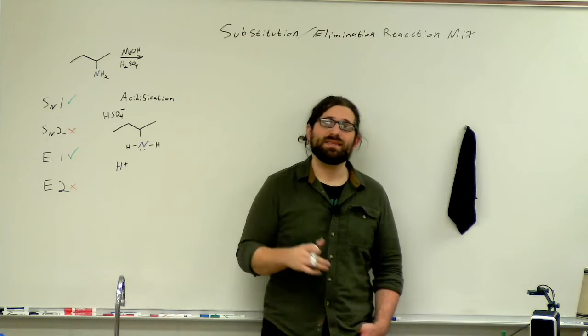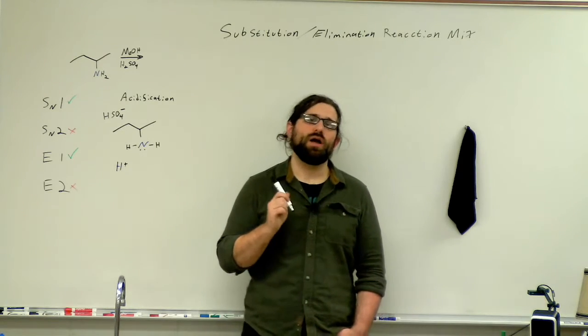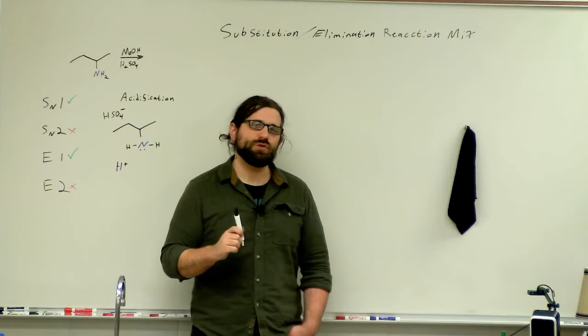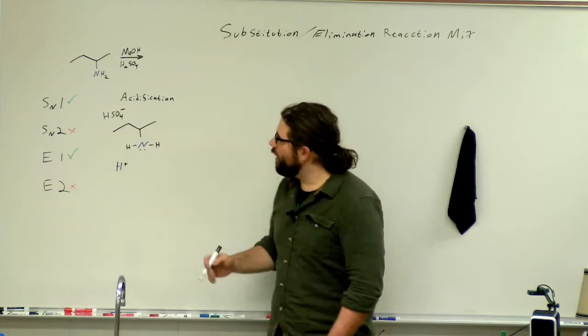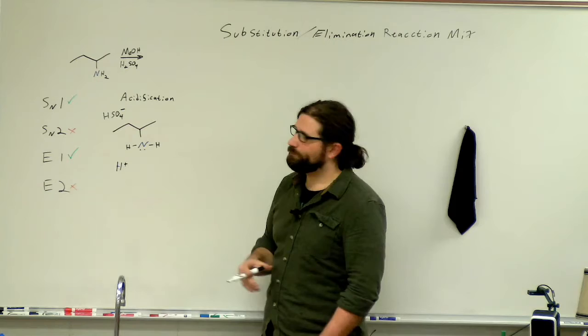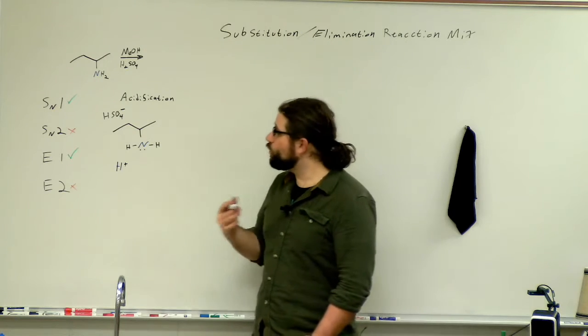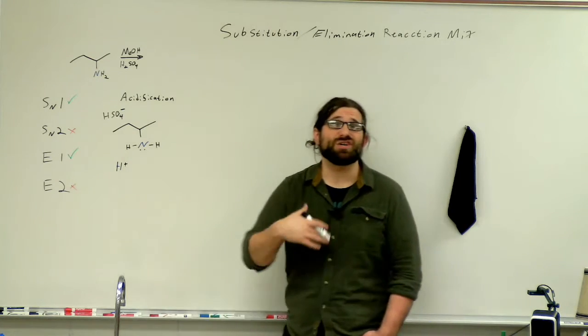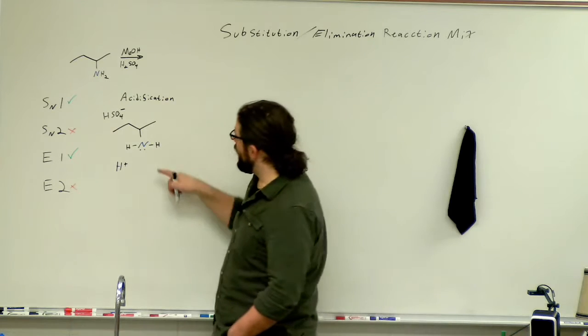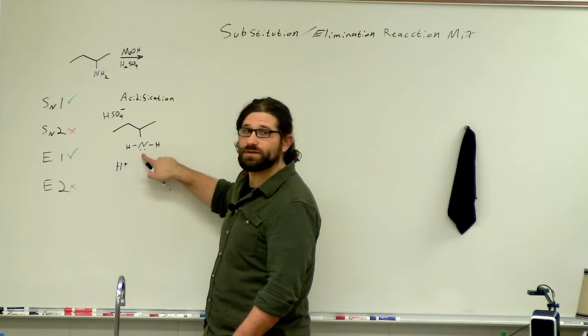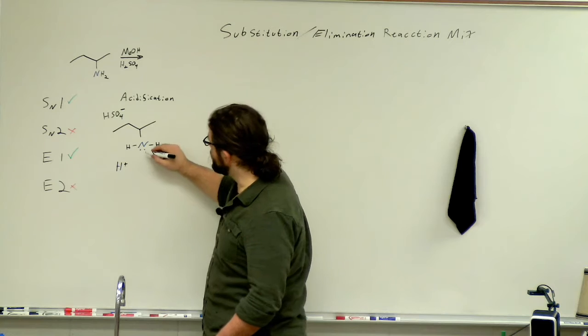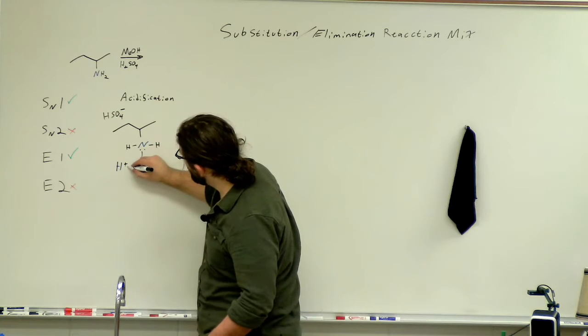So before anything can happen with our mechanisms, we first need to look at our acidification of our amine. This is going to happen quite quickly. This is what's going to allow this to be a good leaving group. Our nitrogen here is going to use its extra electron pair to attack this positive hydrogen.